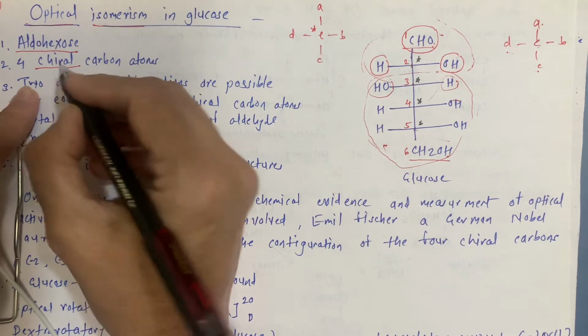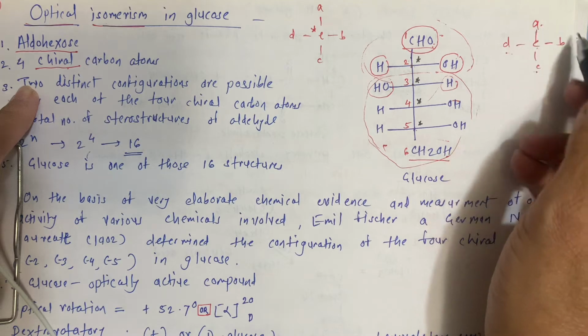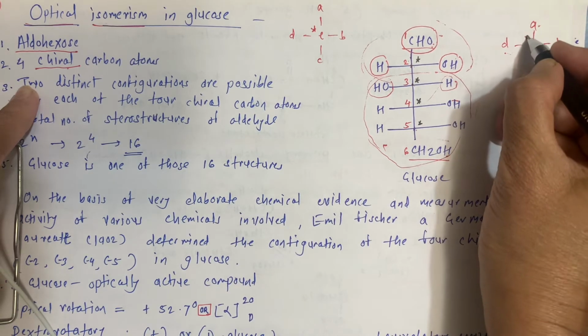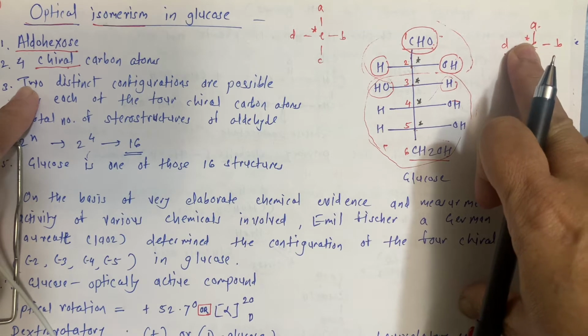Is that clear? So a C with 4 different elements or groups attached is known as a chiral carbon atom, and we represent it with a star. We know this very well.